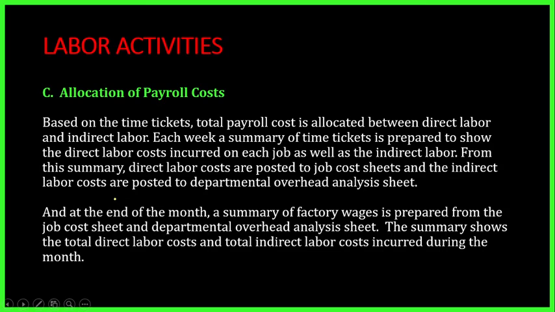Okay, so to summarize, whether it's every week or every month or most of the time, every 15 days, you have to summarize how much of your total payroll will be allocated to your indirect labor and direct labor.